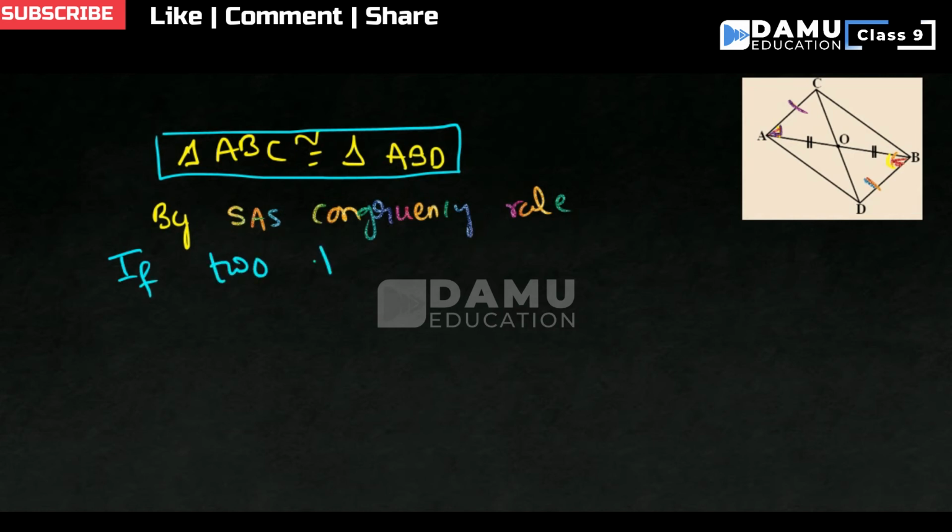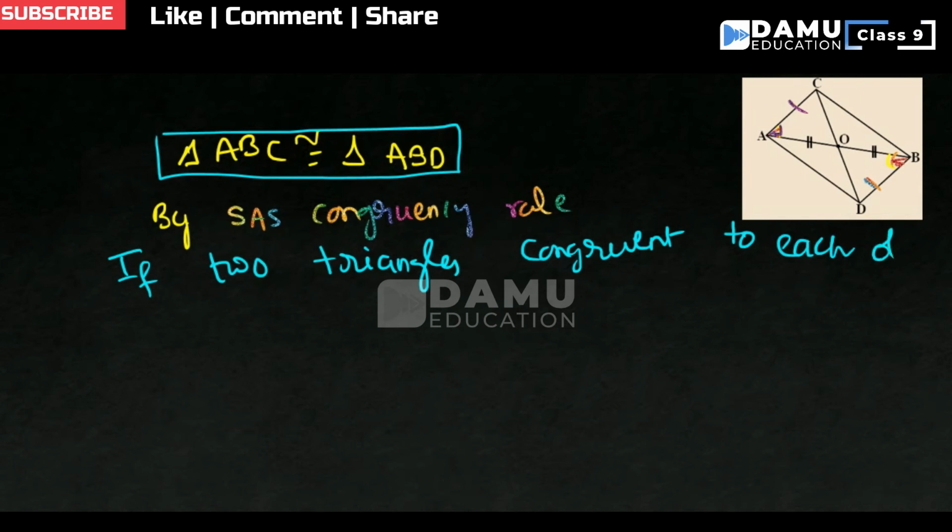If two triangles are congruent to each other, then their areas are also equal.